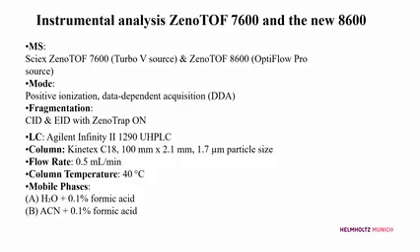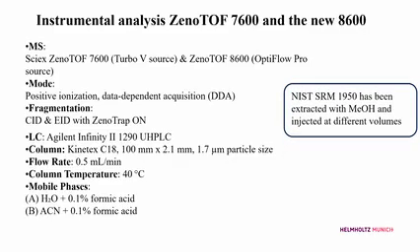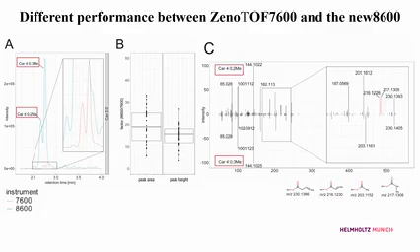We used exactly the same conditions, with the same LC switched between the two instruments. I reported all the parameters in my poster, if you want to check it in tomorrow's session, number 2268. We ran some NIST samples, and here we have the results.